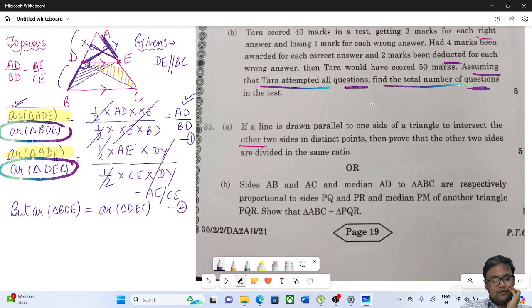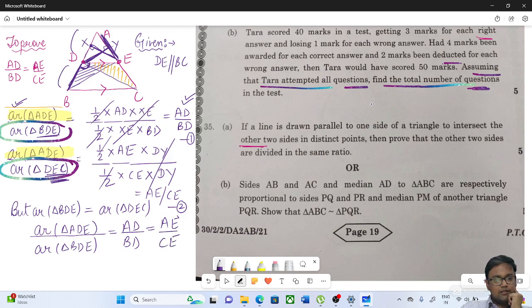Now see, these areas are equal, therefore I can write area of triangle ADE upon area of triangle BDE is equal to area of triangle ADE, and here too it will become BDE, children, right. So there is no requirement to write it again; in both places we have got BDE and BDE in the denominators. So this gives from the first equation AD upon BD, and since the second equation is also equal to the first, this will also be equal to AE upon CE. So that is how quickly, in 4 to 5 lines, maximum 6 lines, this theorem can be shown, right.